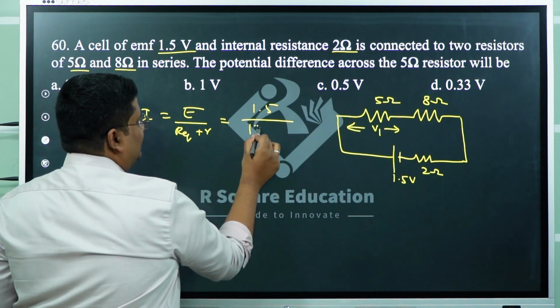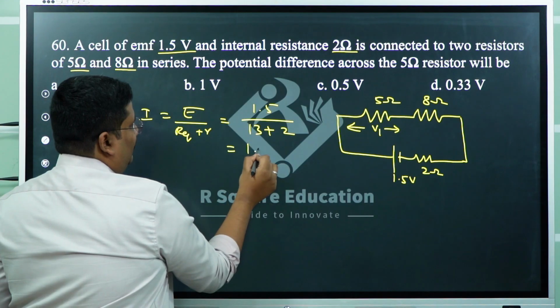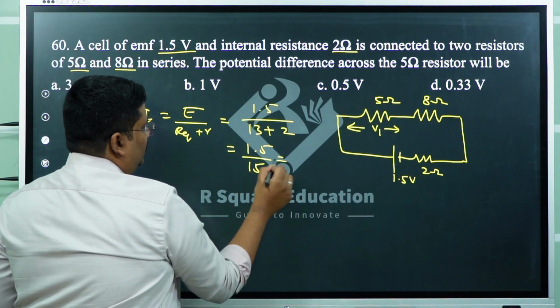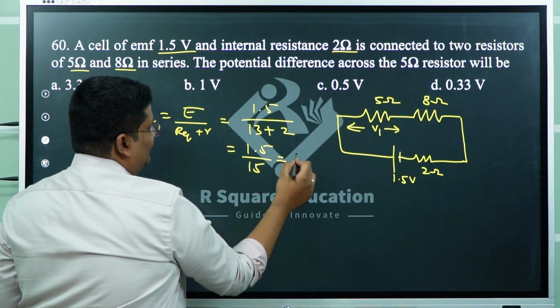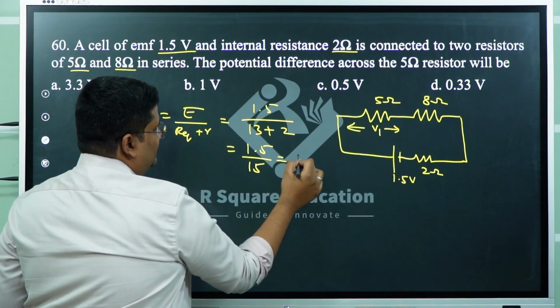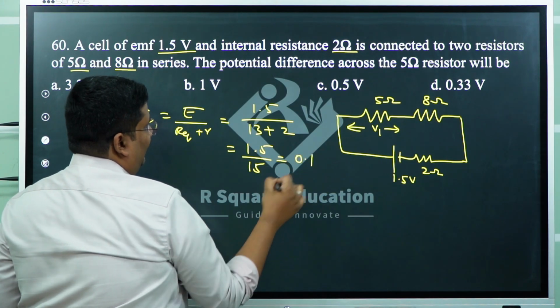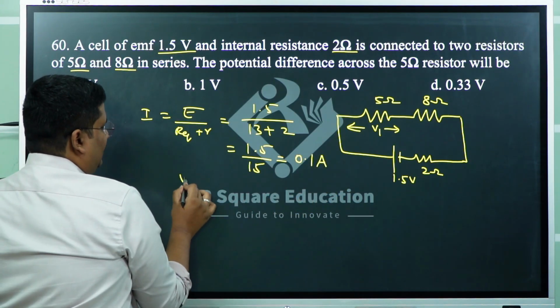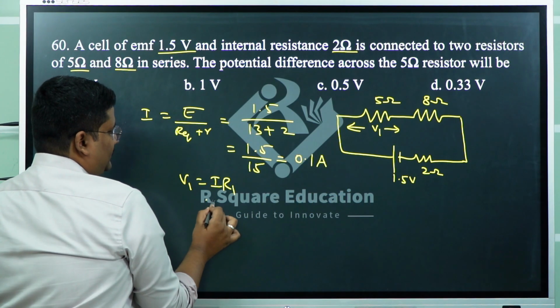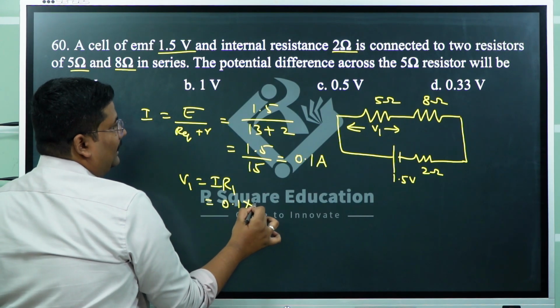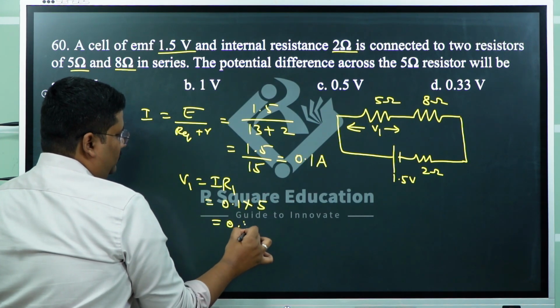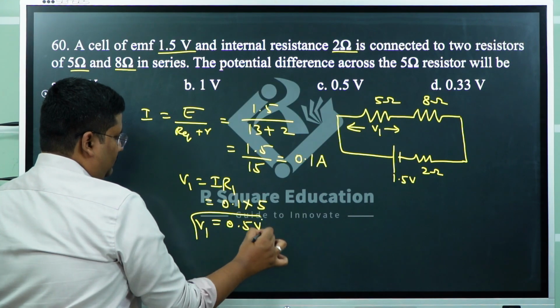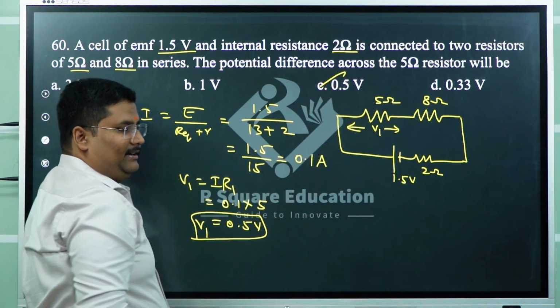So 5 plus 8 is 13, plus 2. So it's going to be 1.5 by 15, which is going to be how much? 1.5 by 15 is 1 by 10. So it is going to be 0.1 amperes, and V1 is equal to I R1, which is 0.1 into R1, which is 5. So it's going to be 0.5 volt. So the answer is 0.5 volt.